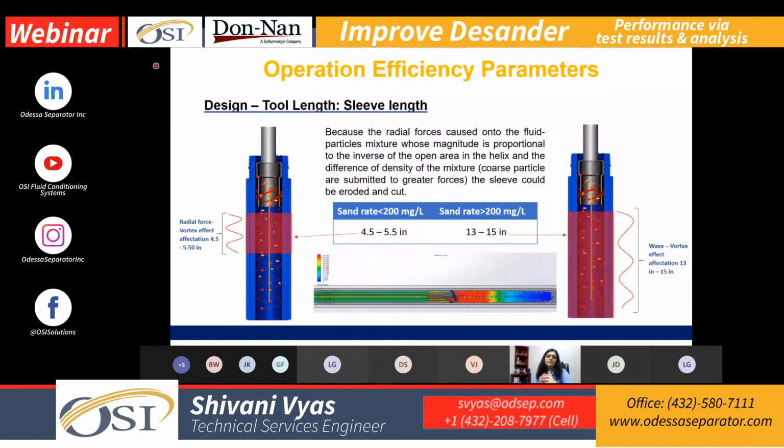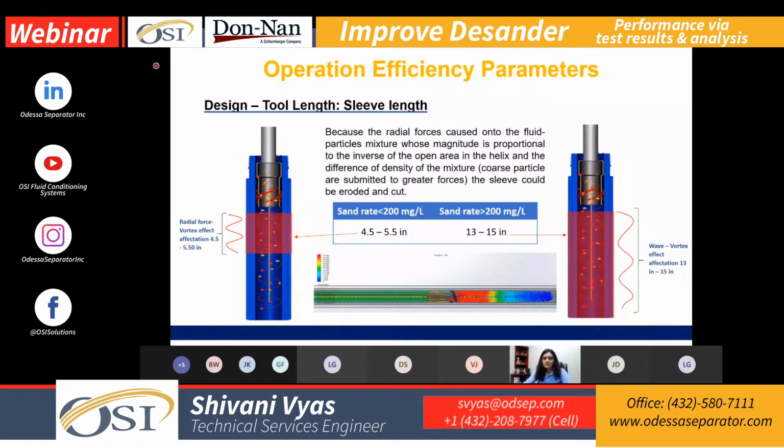Also, this is one of the things that we realized over the years, especially over the couple of years that we've had horizontals, we've had conversion wells where we're still seeing the frac hits, where we're still seeing high solid production, and trying to analyze whether the 2-footer sleeve is sufficient for all the solids coming in.